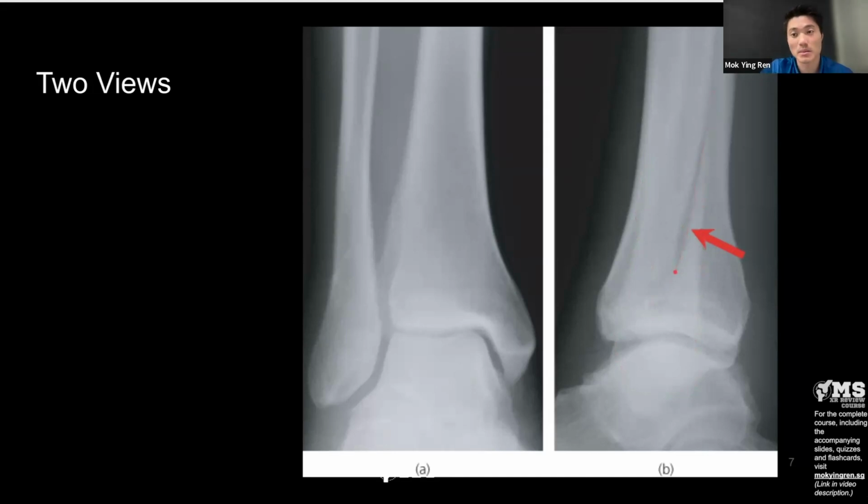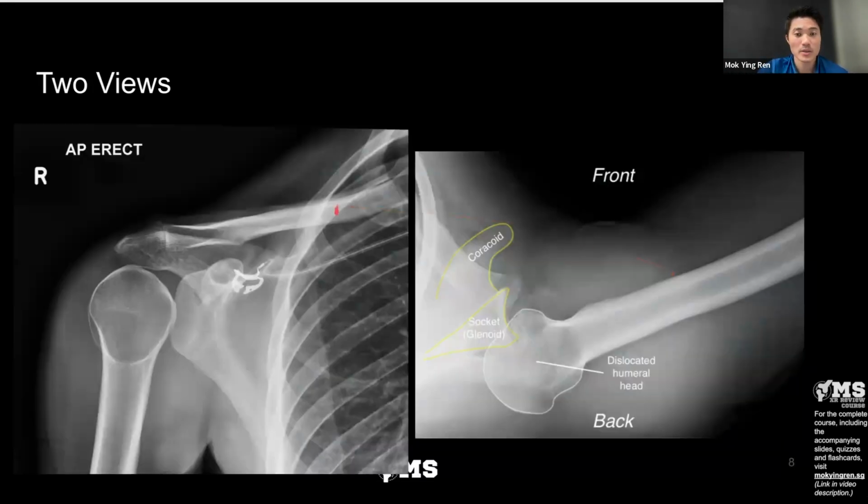All right, this shows the key importance of asking for the second view, even in the exams, if you are given only one view. This is an X-ray of the shoulder. Again, on the anteroposterior view, it looks slightly abnormal, but you will not think that the joint is not located.